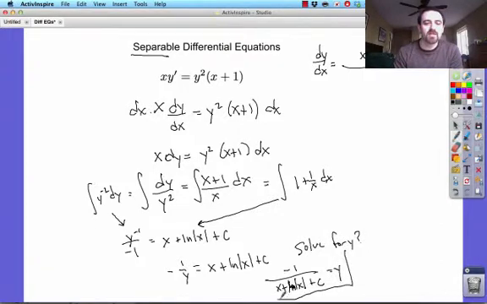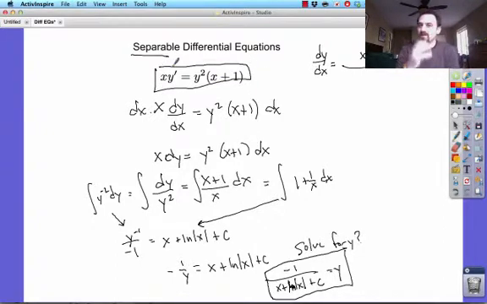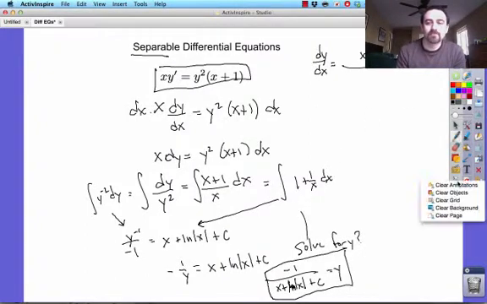So in this case, I can do it, but there's no guarantee when we're talking about problems where the derivative is mixed up inside of the equation, and in the case of y squared, when you have that kind of issue going on, you're never really guaranteed that it's going to work. In this case, it just so happens that it does work, okay? But you're never guaranteed that. All right.